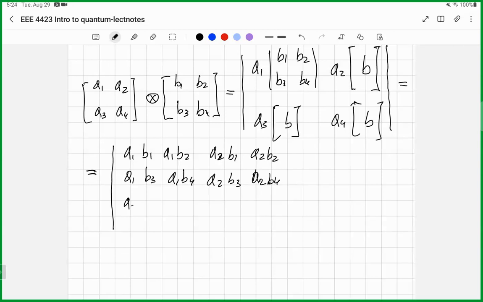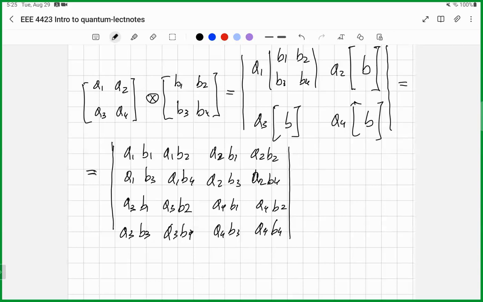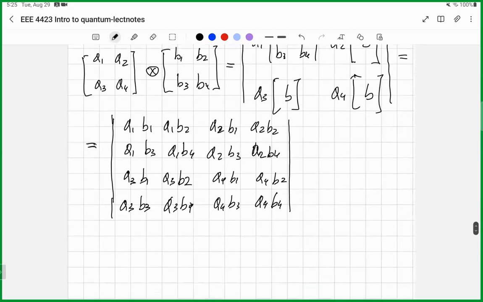Then next, A3 B1, A3 B2, A3 B3, A3 B4, and finally A4 B1, A4 B2, A4 B3, A4 B4. Such a large new matrix. So in the input, we had two by two matrices. In the output, we get one 4 by 4 matrix, right?